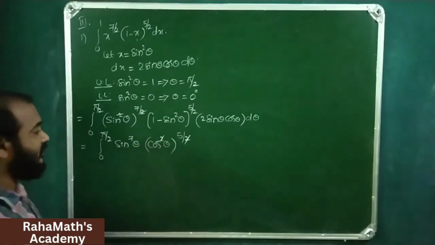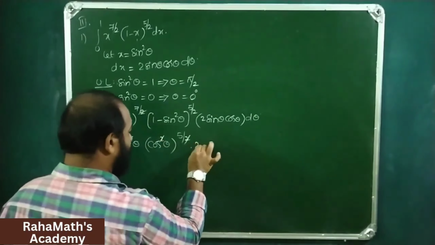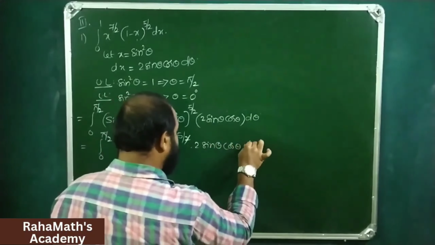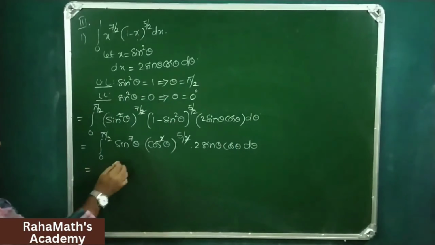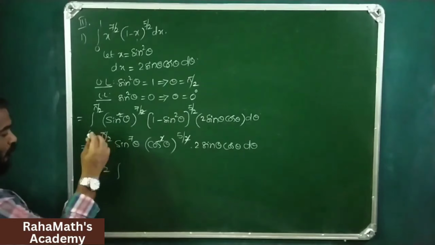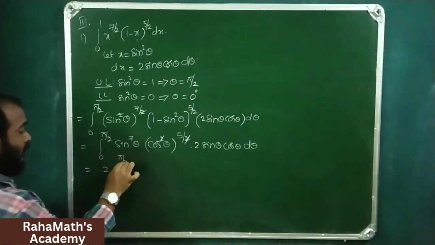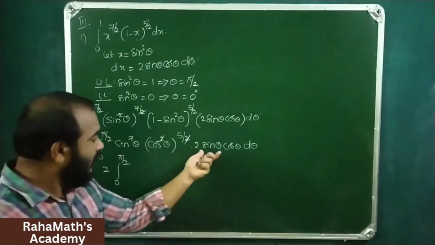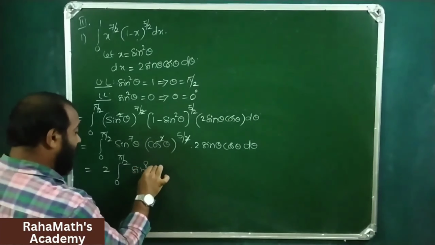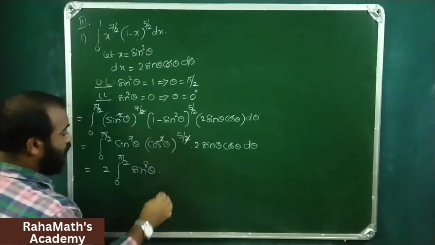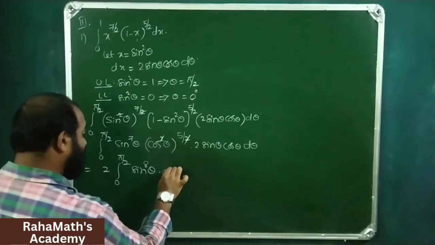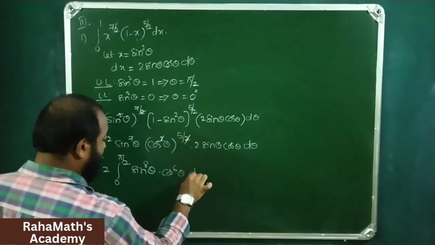Square root gets cancelled. So this is 2 sine theta into cos theta d theta. Since 2 is a constant, it is separated from the integration. Integral 0 to pi by 2 sine power 7 theta into sine theta, so sine power 8 theta, into cos power 5 theta into cos theta, so cos power 6 theta d theta.